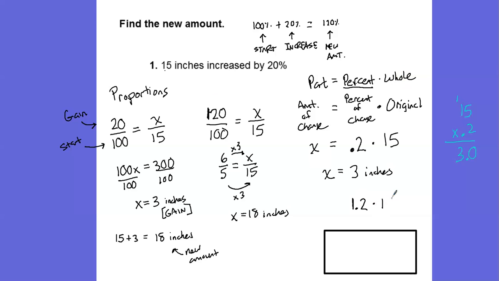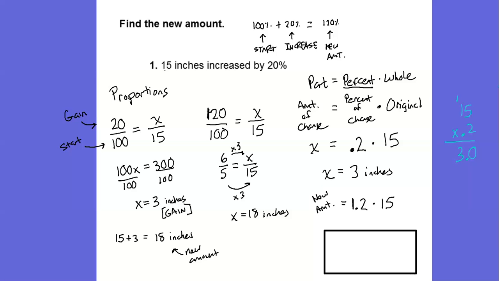So I'm going to do 1.2 times 15. This time, it's not going to give me my amount of change, but it's going to give me my ending value. So we'll call this the new amount. It says find the new amount, so we just have to do 1.2 times 15.